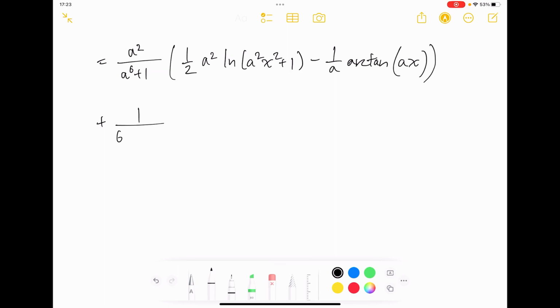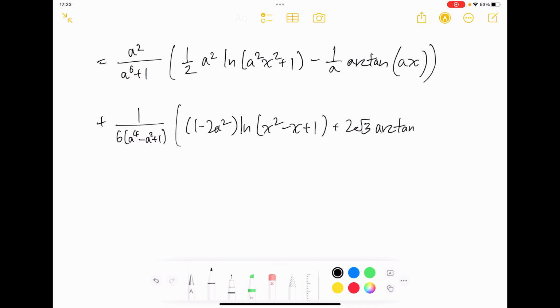This is now the J2 bit, which is 1 over 6 times a to the 4th minus a squared plus 1 times 1 minus 2a squared, natural log x squared minus x plus 1 plus 2 root 3 inverse tangent 2x minus 1 over root 3.